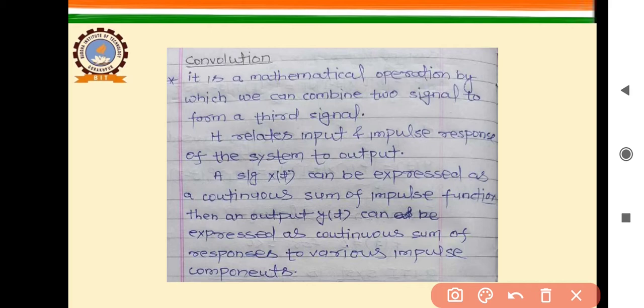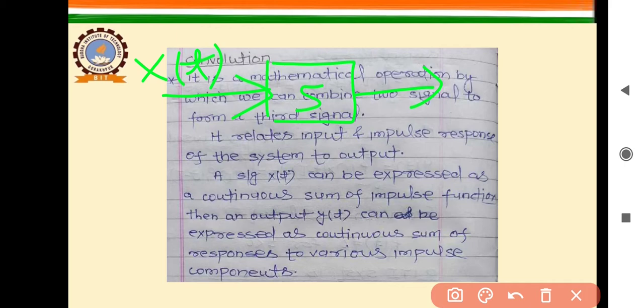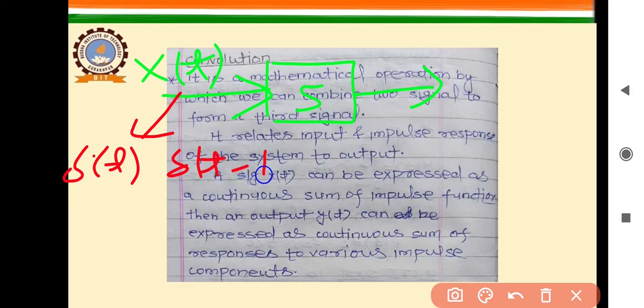What does this mean is, suppose a general signal x of t is given to the system. What we stated earlier is that x of t can be dissolved into components like delta of t minus tau. In this form, x of t can be dissolved into components in the shifted form of impulse functions.